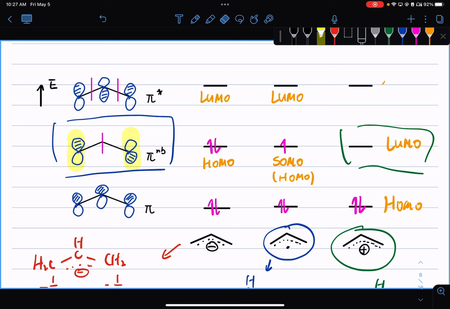You look at these molecular orbitals, and you'll find the highest occupied molecular orbital. So naturally, by its name, these two are my HOMO. They're the highest occupied molecular orbital. For the carbocation, we only have 2 electrons. So that's why this bottom one is our highest occupied molecular orbital.